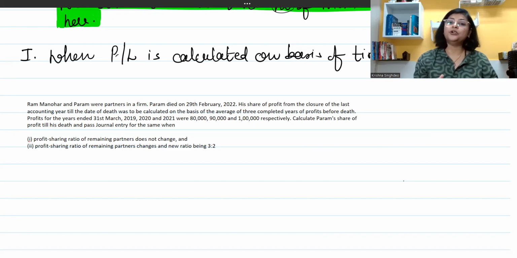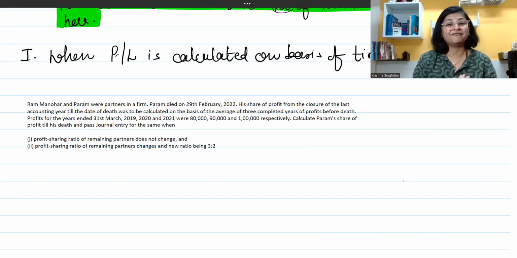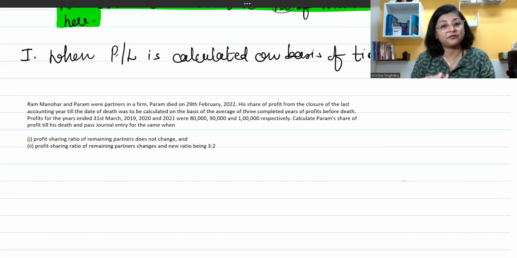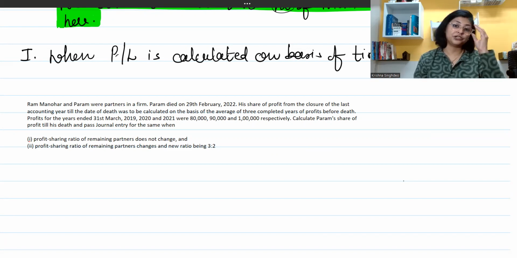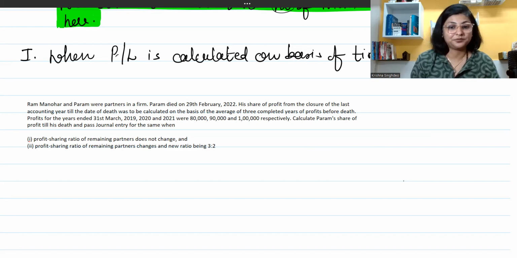As I had told you, the question is going to specify what the base is going to be. It can be the previous year's profit, the previous years' average profit, or only the previous year's profit. So this question is asking us to take the base as the 3 years' average profit.